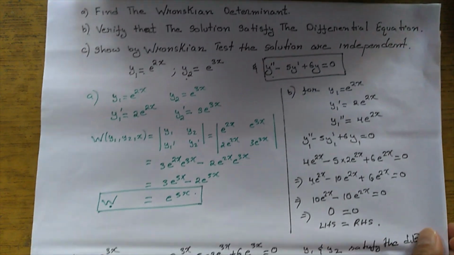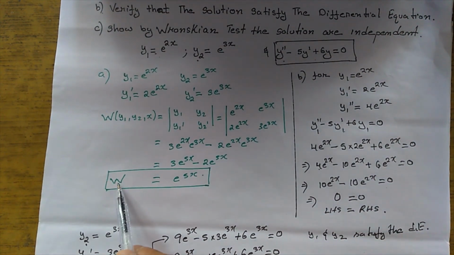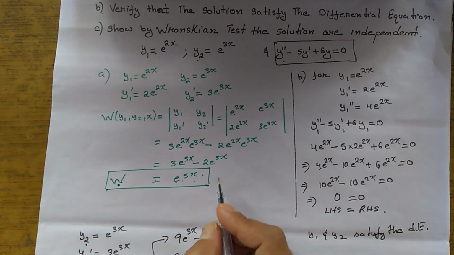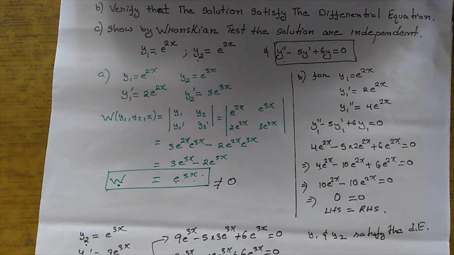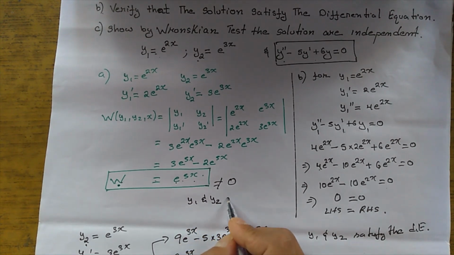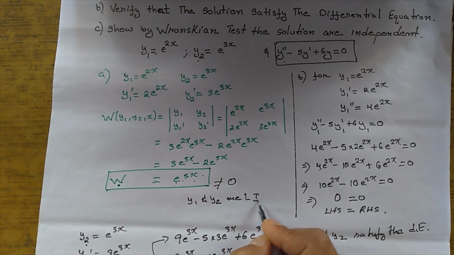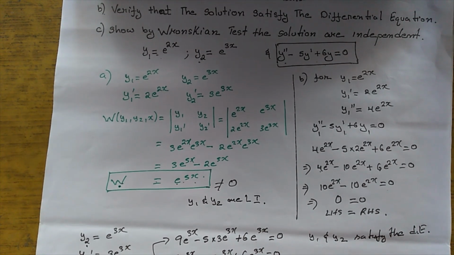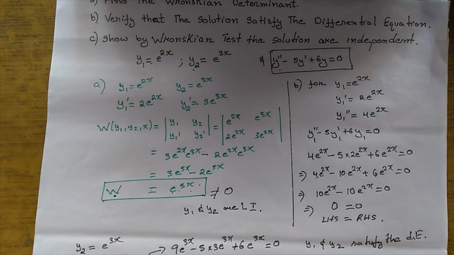We have already seen that the Wronskian determinant W is equal to e^(5x), which is not equal to 0. So we can say that y1 and y2 are linearly independent. And this is how we solve this by using the Wronskian method.